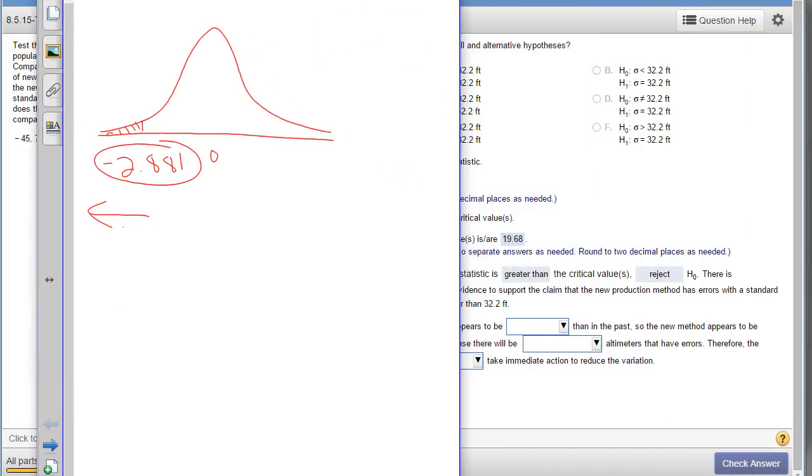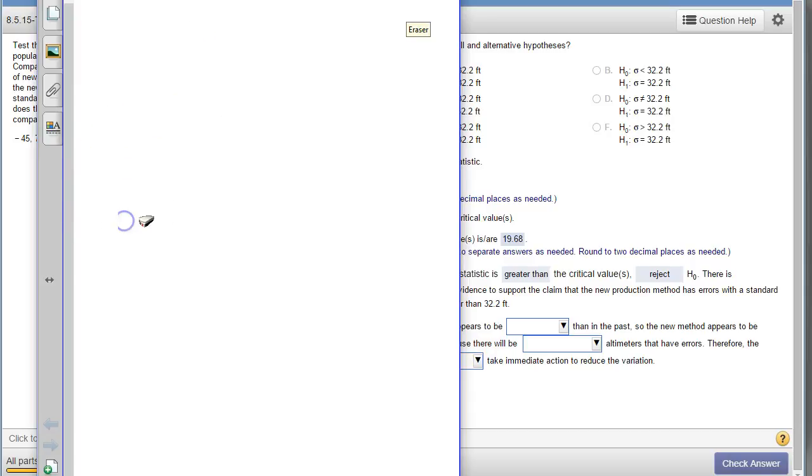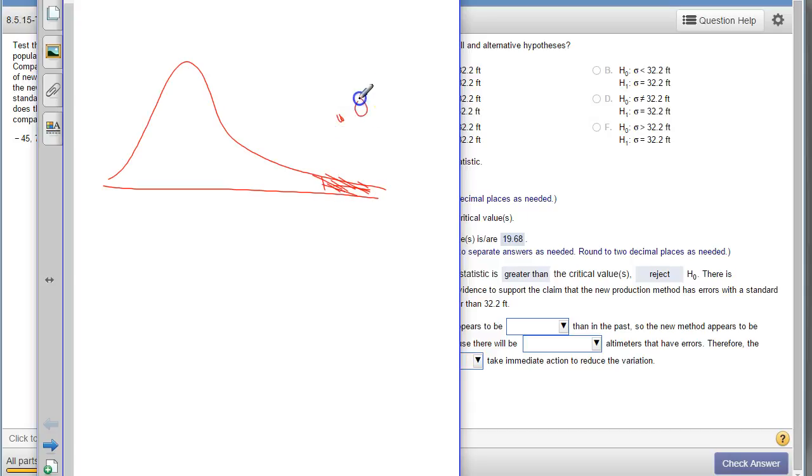When we draw that picture, instead of a bell curve, it's chi-square, so it's not a bell curve. It's a chi-square curve, which is a right-skewed distribution. In the right tail, the area is 0.05.